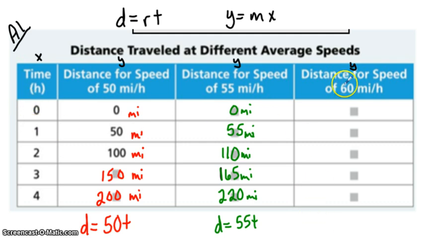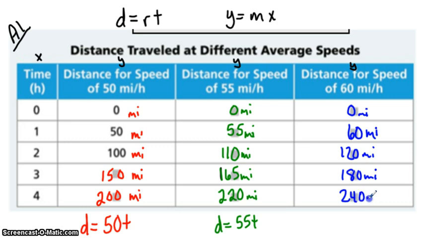Again, 0 time times 60, I get 0 miles. For 1 hour, 1 times 60 is 60 miles. 2 times 60 is 120 miles. 3 times 60 is 180 miles. 4 times 60 is 240 miles.